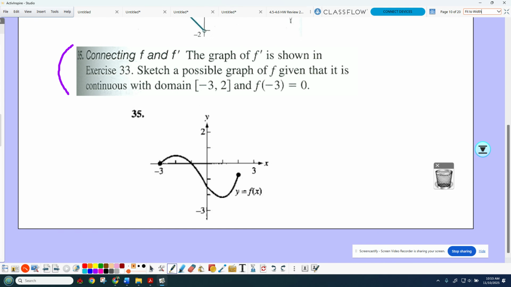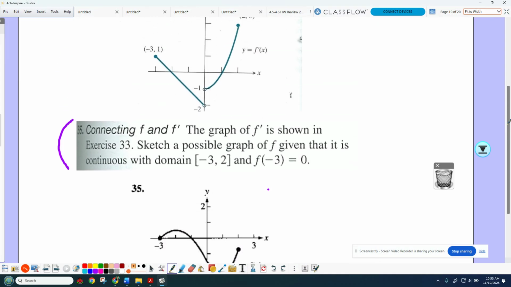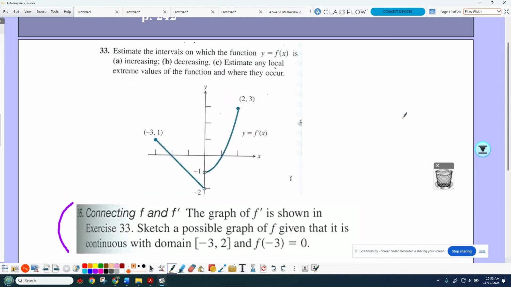Oh no, 35 is different. Make it make sense. Why does it say y equals f of x, but then it says... Sorry, that's the solution. See, you don't just see the answer.